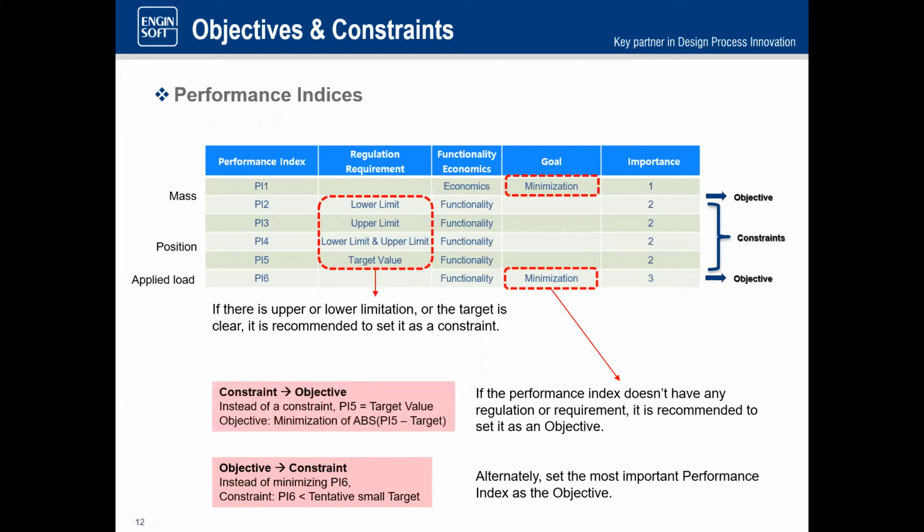And then likewise, a constraint could become an objective, again, when it doesn't have these limits associated with it. So in the case of PI5, there's a certain target value, so that could be an objective.